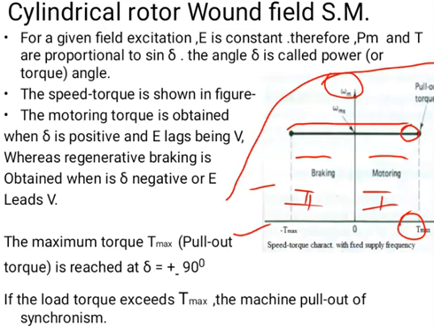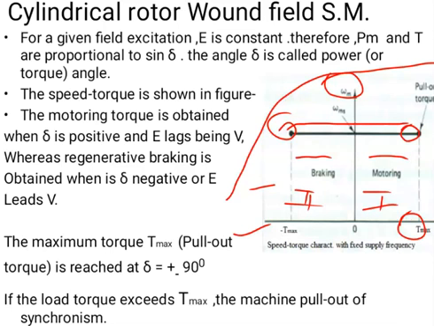In this speed-torque characteristic, this is the pull out torque in the motoring region and this is the pull out torque in the braking region. Beyond this value, the synchronous motor loses synchronism. This is the value of maximum torque, and this is the constant speed, what is called the synchronous speed.